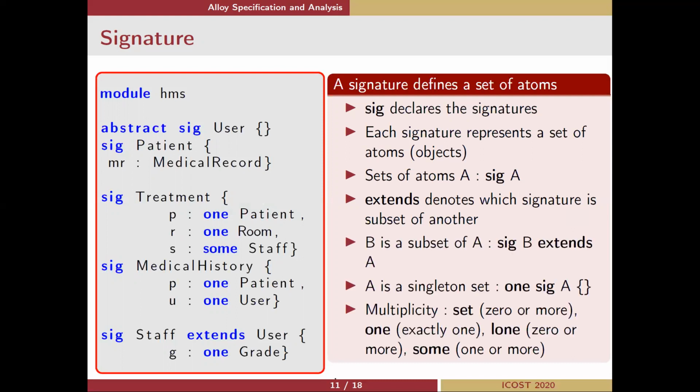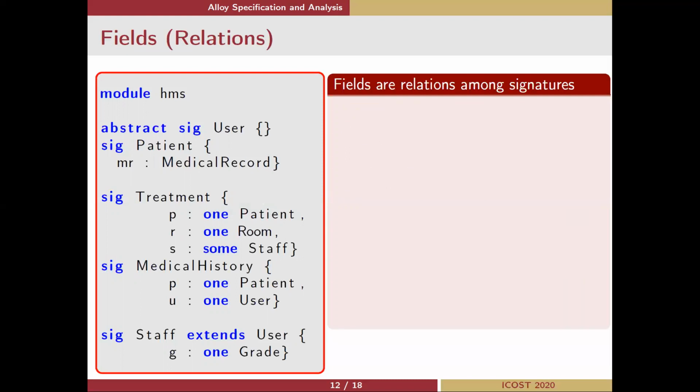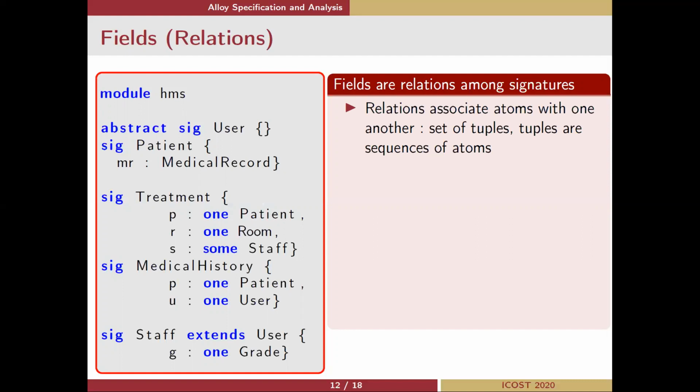So a signature is the main component to declare an object in Alloy, and extends makes an object belong to another object. And the fields here are relations among signatures, that means the relations that associate these atoms or objects.